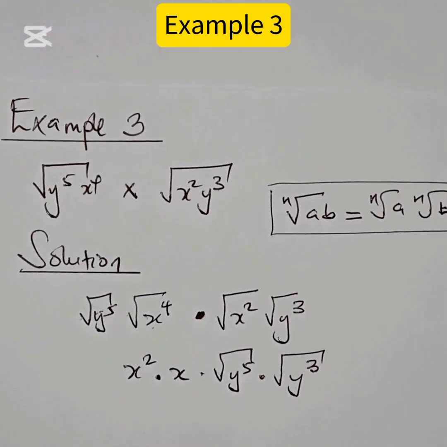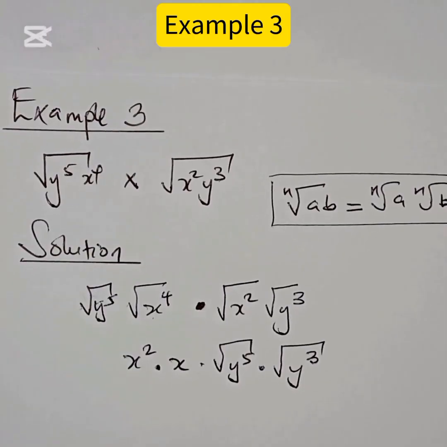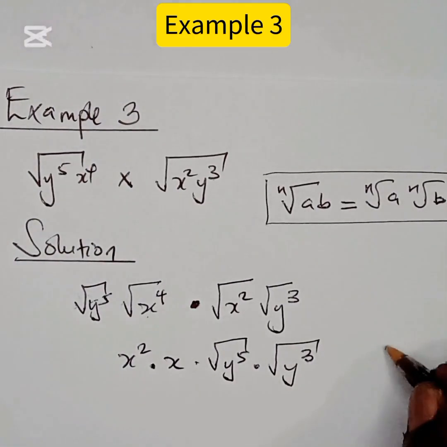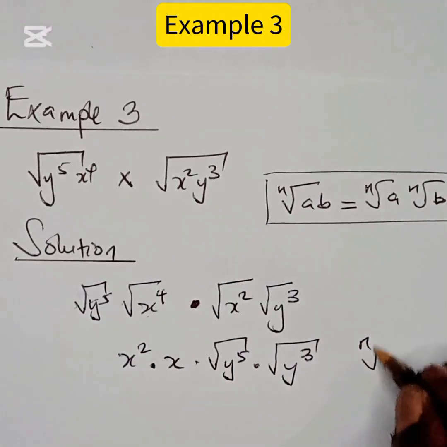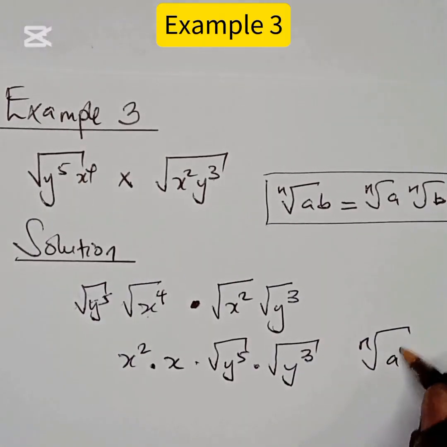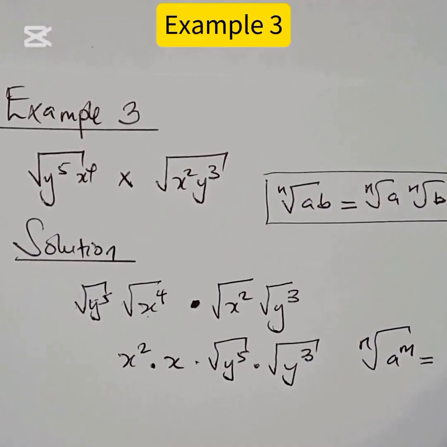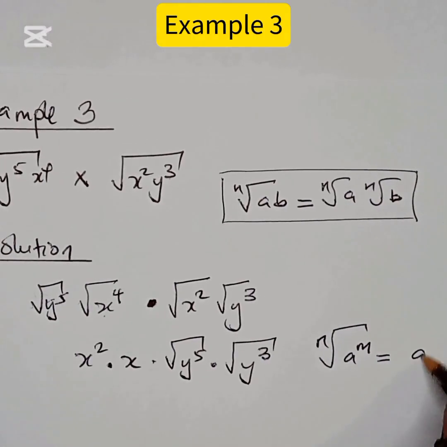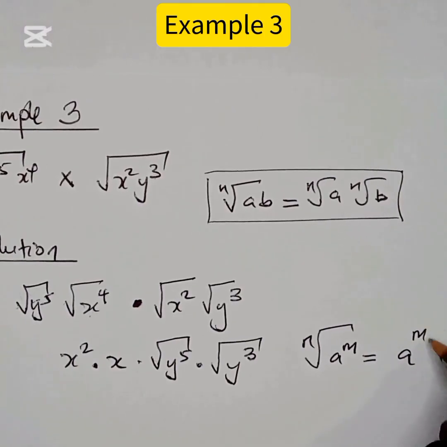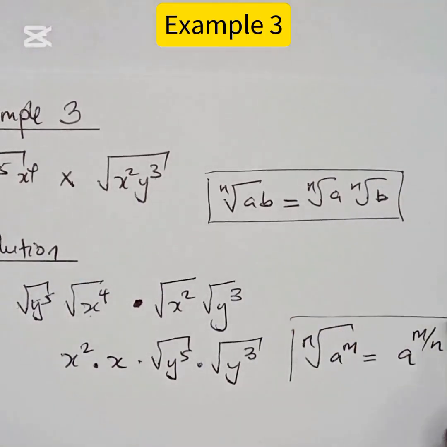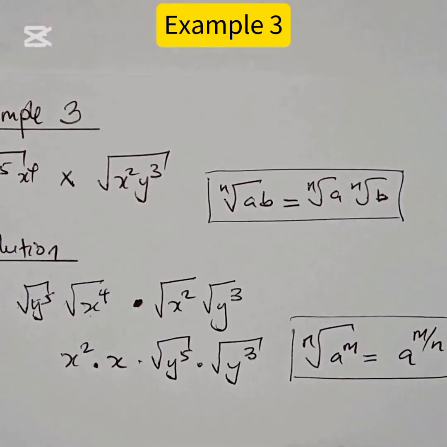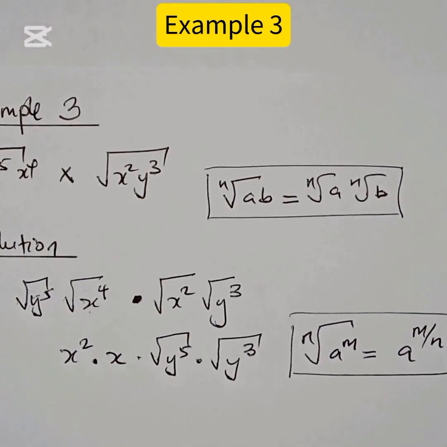Now I can just use this law of surds again that says the nth root of a to the power m is equal to a to the power m over n. So I'm just going to apply this law on this and that.